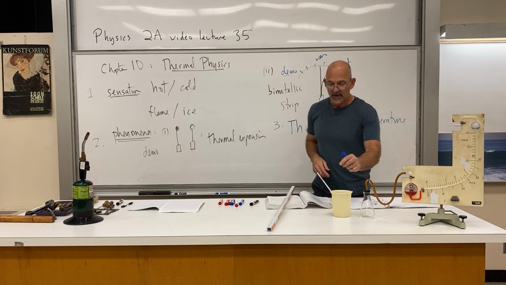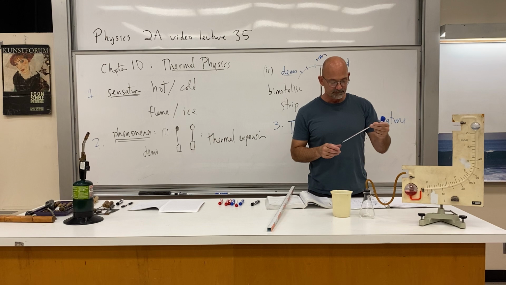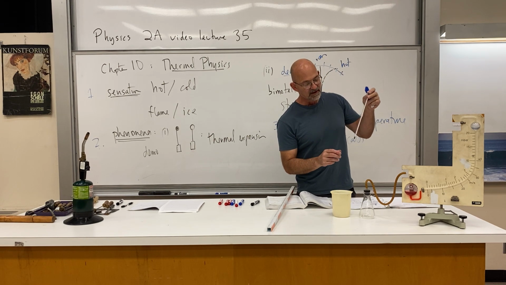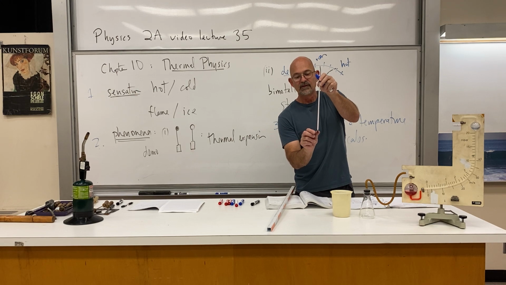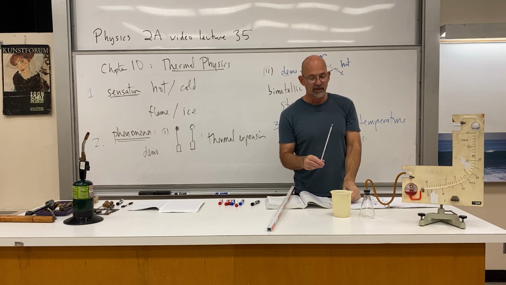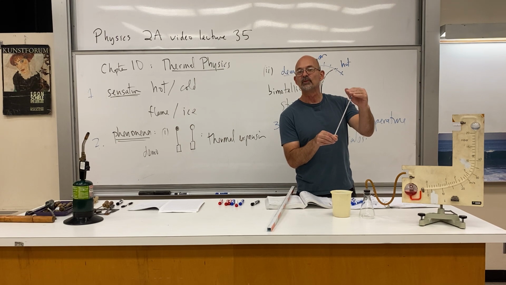Now, I brought a little thermometer here, and that is not going to be visible, but you've seen these before. There's a little reservoir of a fluid on the bottom, and if I just grab it, it'll go from room temperature to body temperature, and I can actually see the little column of fluid moving up here in real time.